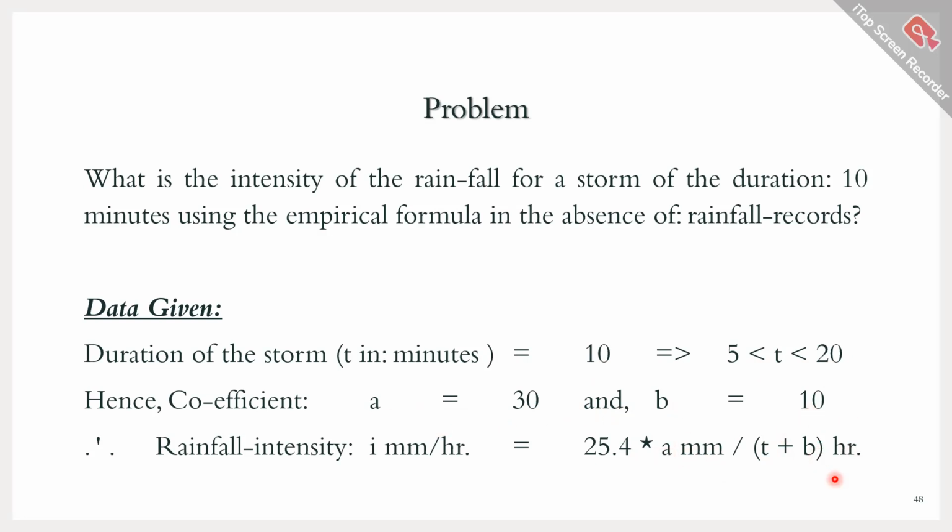By putting these values in this empirical formula, we get the rainfall intensity in millimeter per hour. So T plus B, that means 10 plus 10 becomes 20. A is 30 and 25.4 is the coefficient constant. After simplification, it gives you 38.1 millimeter per hour. This is the intensity of the rainfall.